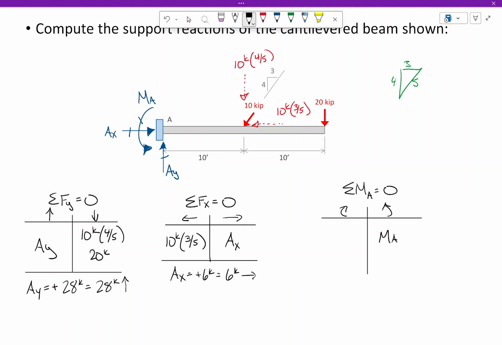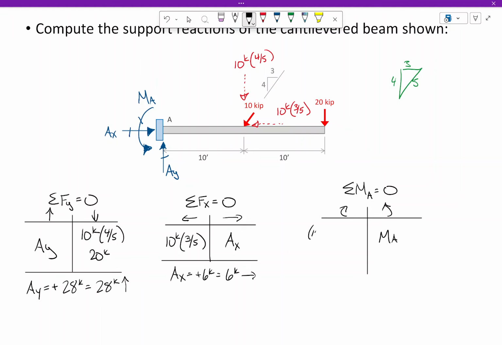What other components generate moment? Okay, so let's look at this angular load. Do we have to consider the horizontal component? No, because it's just going right through A, right? But what about the vertical component? Do we have to consider that? Okay. Which side of the table, left or right? Left. Times a moment arm of 10.